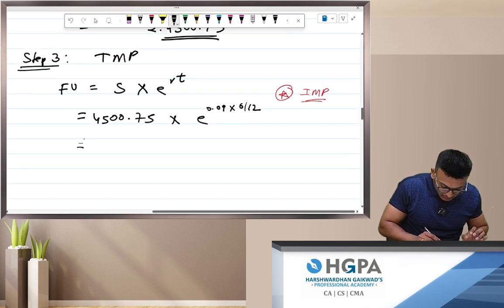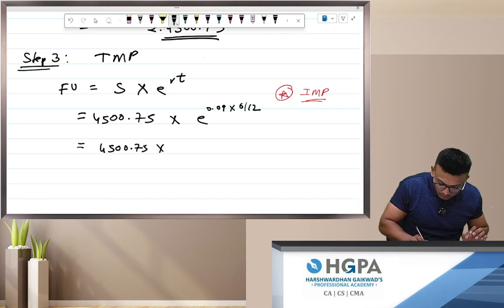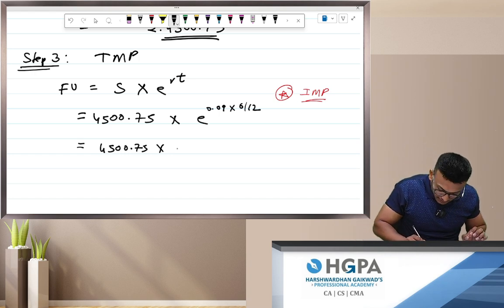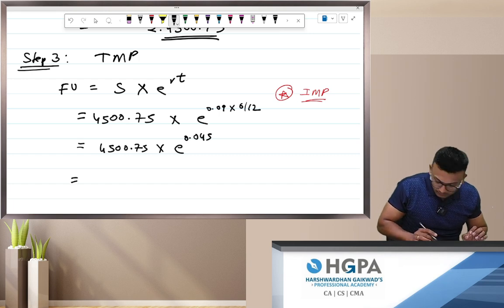Next step. 4500.75 into e raised to 0.09 into 6 divided by 12, which is 0.045.